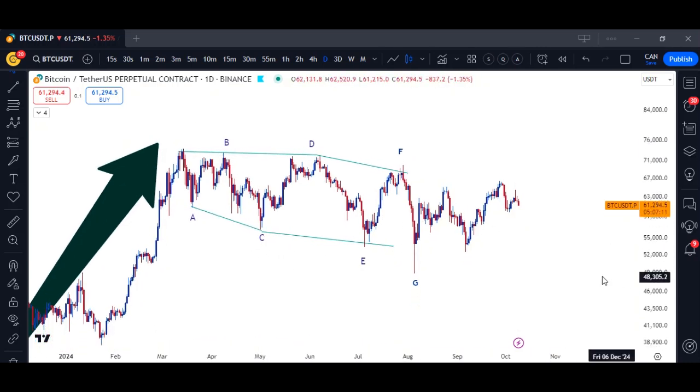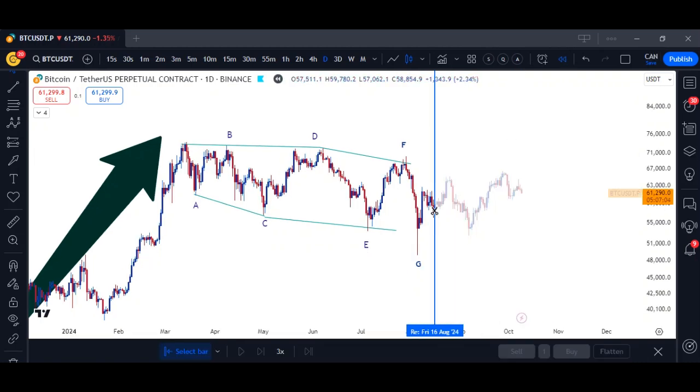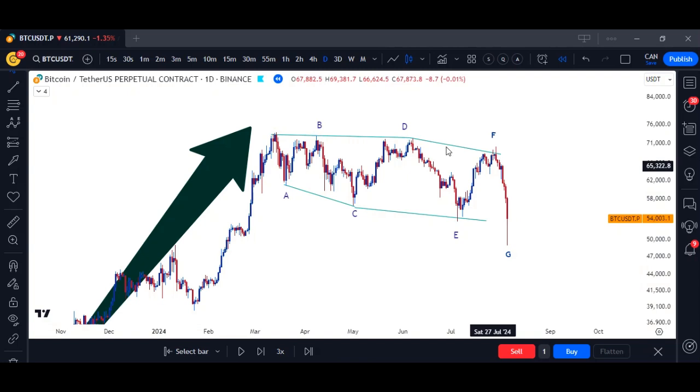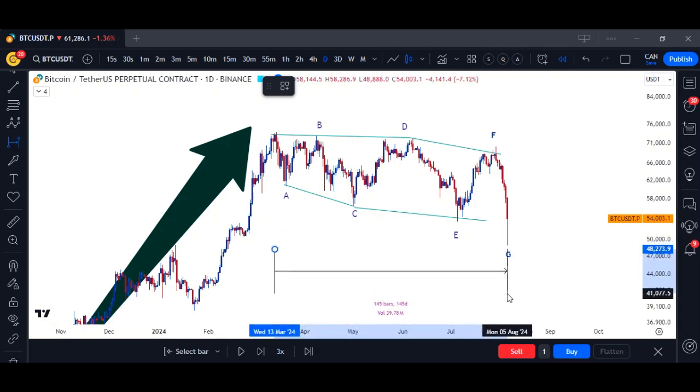Now if price started a strong move from here, we could have said, okay, we had this correction which was very complex and it took us around how many days? Let's see, 145 days.